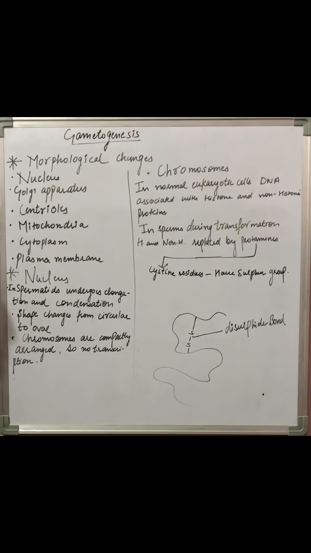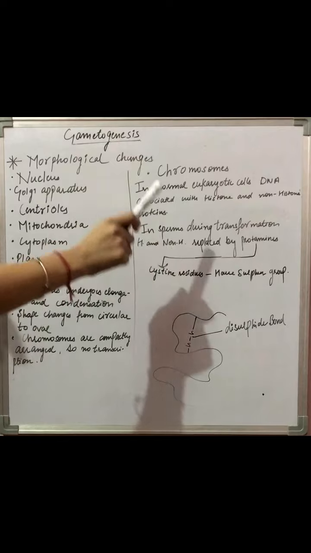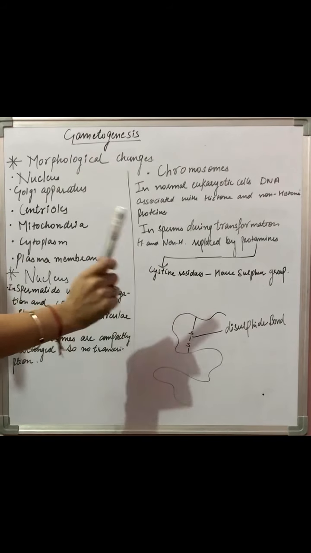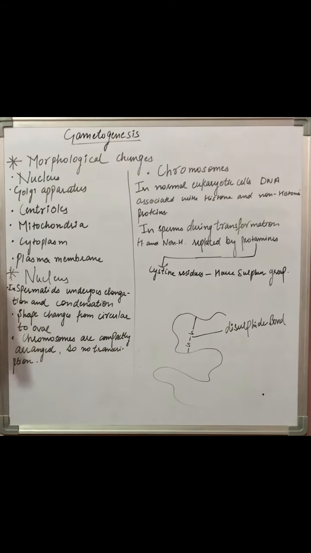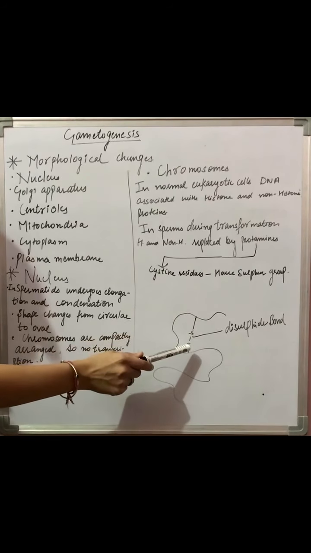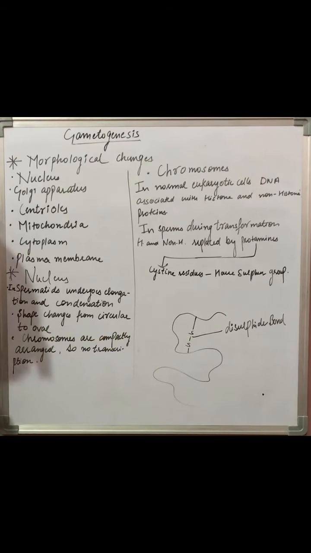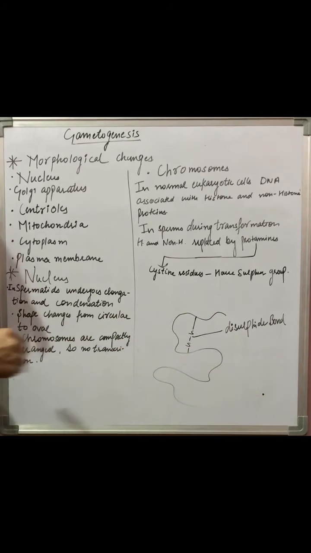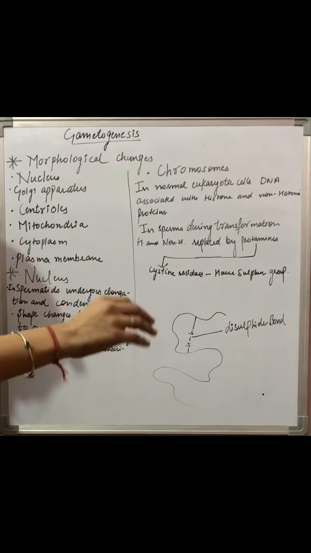In normal eukaryotic cells, the DNA is associated with histone and non-histone proteins, but in sperms, during the transformation, these histones and non-histone proteins are replaced by protamines. These protamines have cysteine residues, and these cysteine residues have sulfur groups. In the structure of the chromosome, two cysteine groups are present with their sulfur groups, and these two sulfur groups are joined by a disulfide bond. When the sulfur groups are joined by disulfide bonds, the chromosome becomes compactly arranged or coiled, so that it becomes transcriptionally inactive, and no mRNA and no protein is formed.